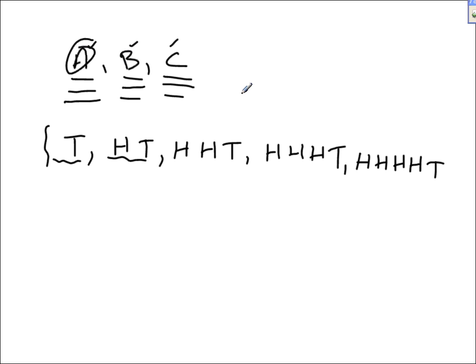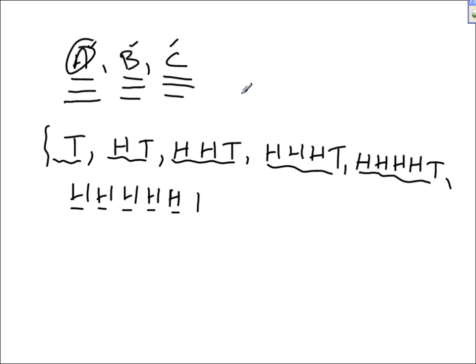There's one head and then a tail, two heads and then her tail, three heads and then her tail, four heads and then her tail, five heads, Abe, Betty, Carlos, Abe, Betty, and then Carlos wins with his tail, etc. It's a series of H's with a T on the end. No H, one H, two H's, three H's, four H's, five H's, then a T at the end.